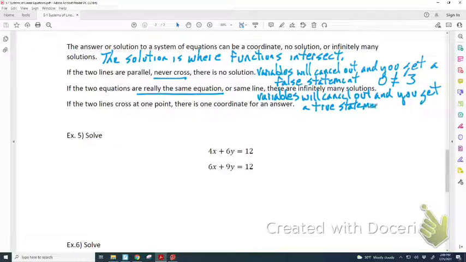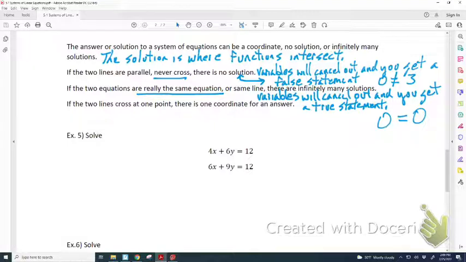So you'll get like a number equals the same number. Sometimes it's even like 0 equals 0. And if that's the case, you say infinite solutions. So no solution, you get some kind of weird false statement. Infinite solutions, you get some kind of true statement.